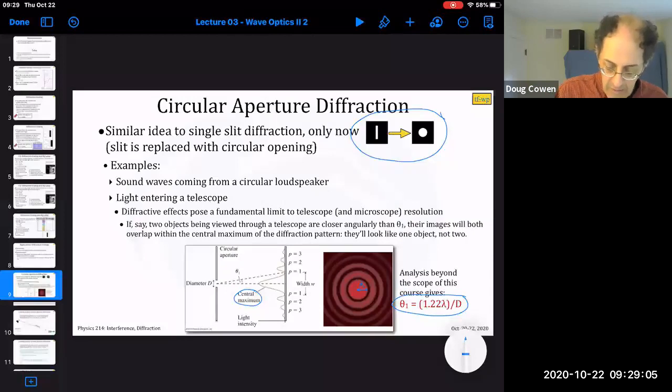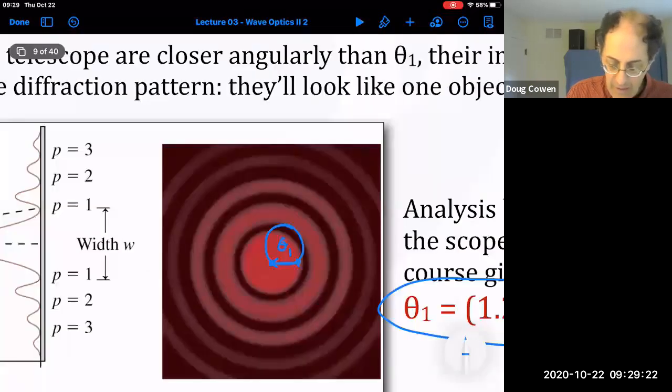So D here is the diameter. There's this factor of 1.22 and the wavelength λ. What this formula tells you is how big this θ1 is that I drew here for a circular opening.